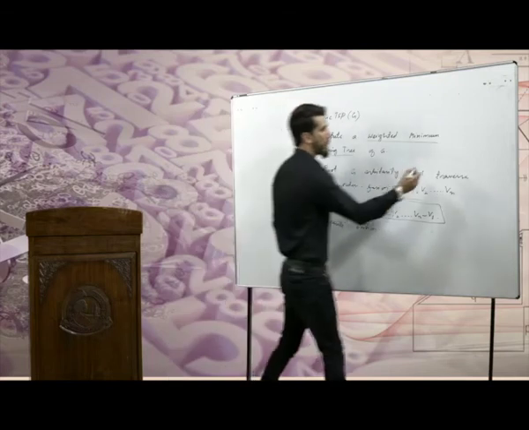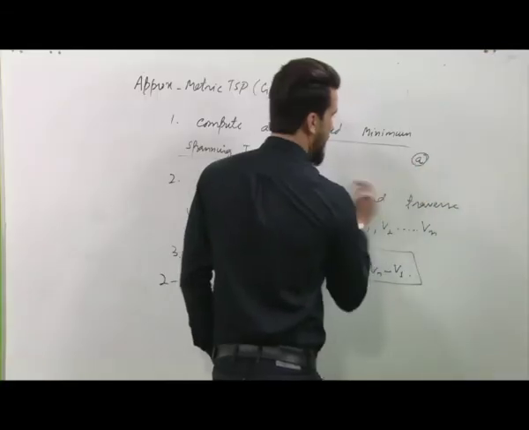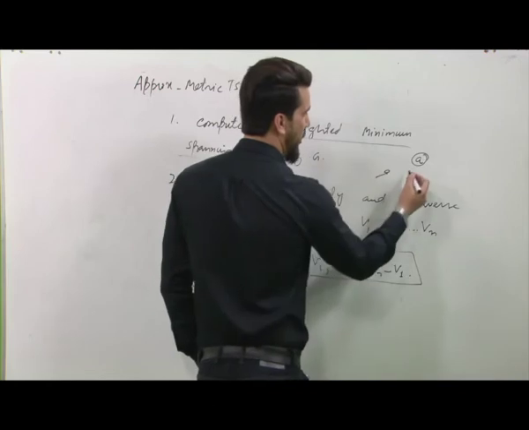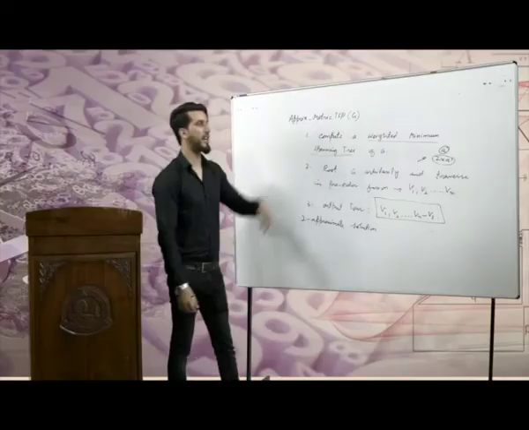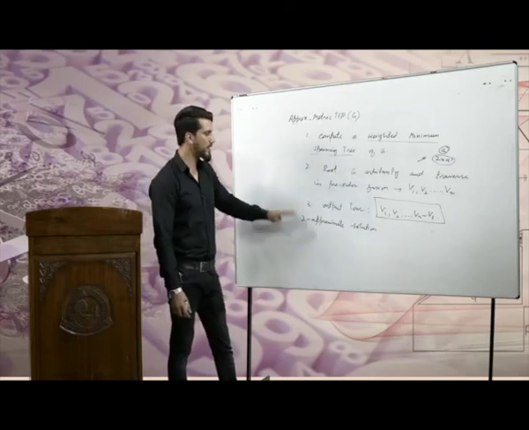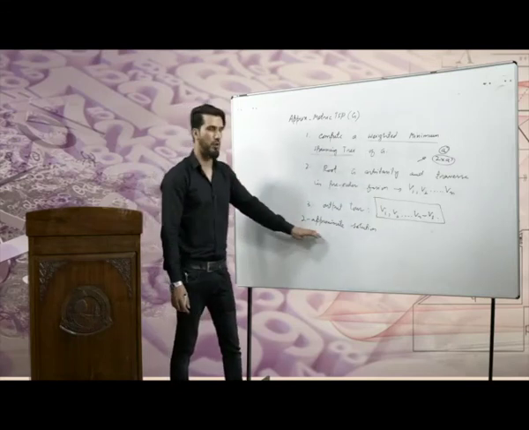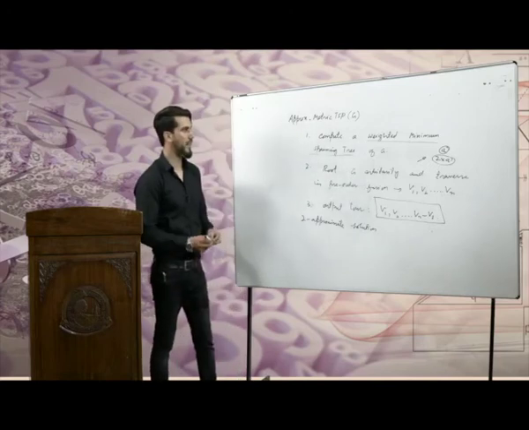For example, if the optimal solution is A, this solution will always be less than or equal to 2 times A. It will never be greater than 2 times A. That's why this solution is known as a two approximate solution. Let's see some examples now.